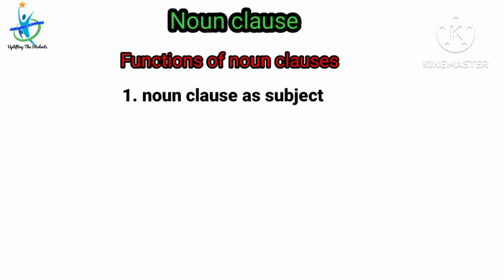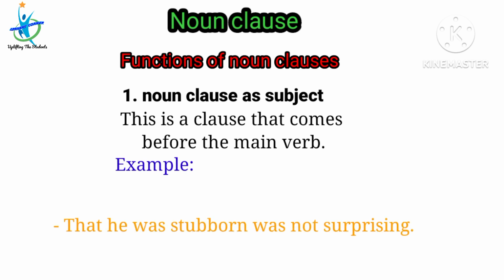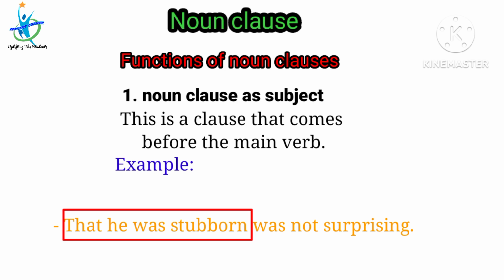A noun clause as subject is a clause that comes before the main verb. A noun or a pronoun can replace it and it becomes grammatically correct. For instance, that he was stubborn was not surprising. That he was stubborn is the subject, was is the verb. Therefore, this is the sentence.